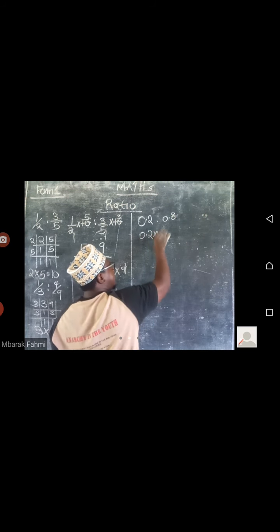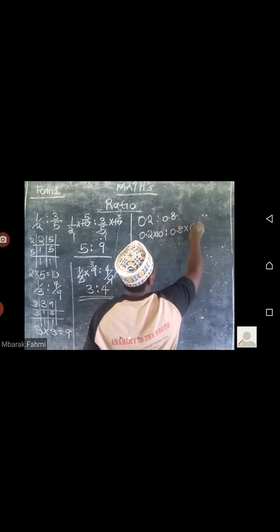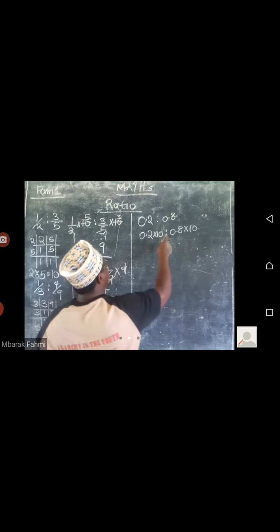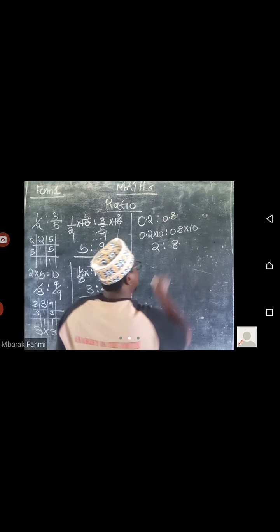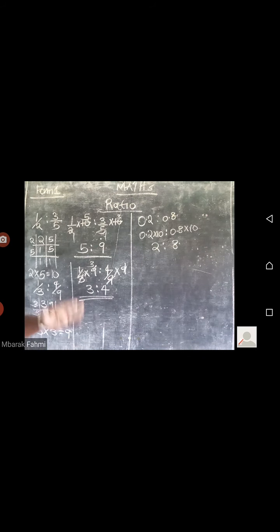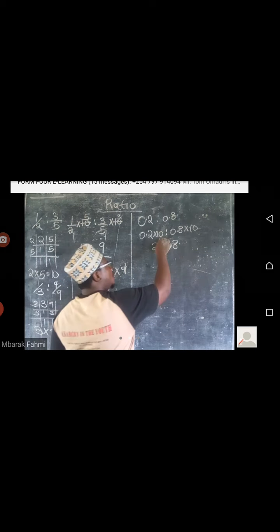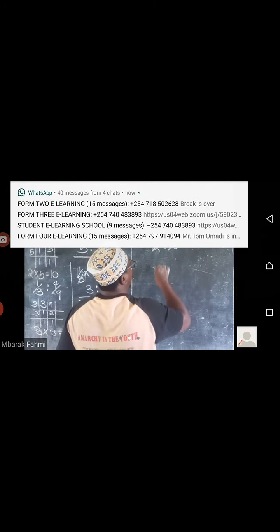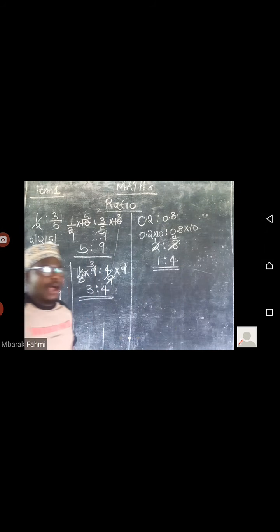Multiply by 10 is to 0.8 also multiplied by 10. If you multiply this by 10, you get 2, and if you multiply that by 10, you get 8. Between 2 and 8, it can still be simplified further. By 2 is 1, by 2 is 4. Therefore the ratio is 1 is to 4.